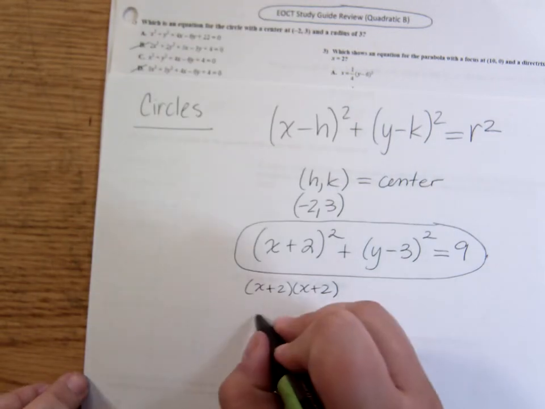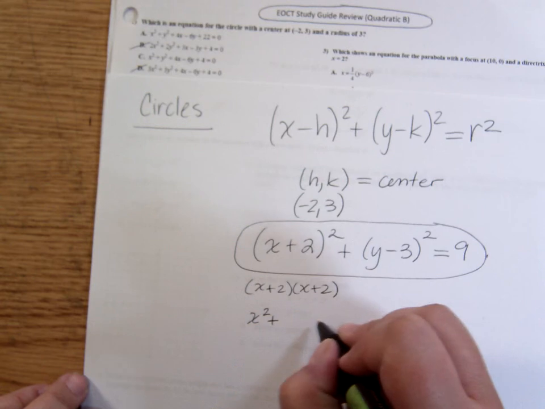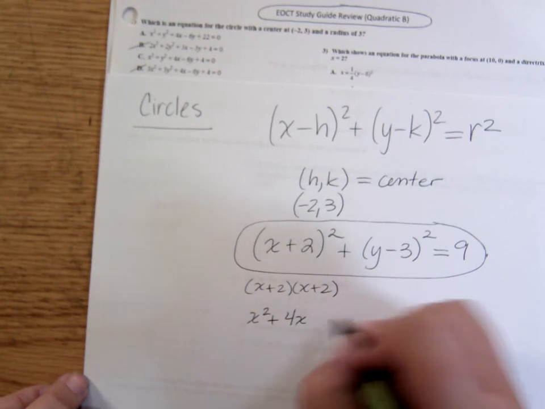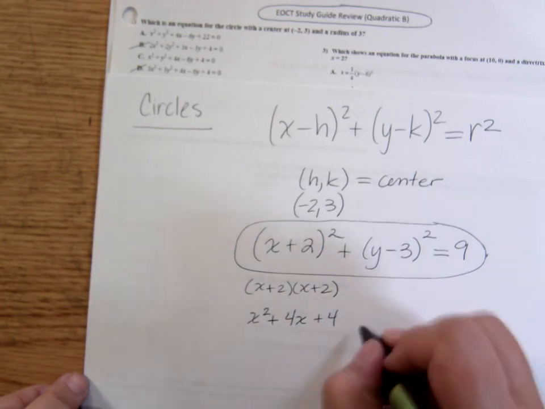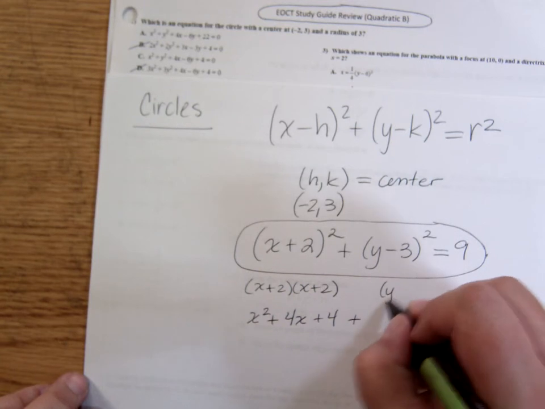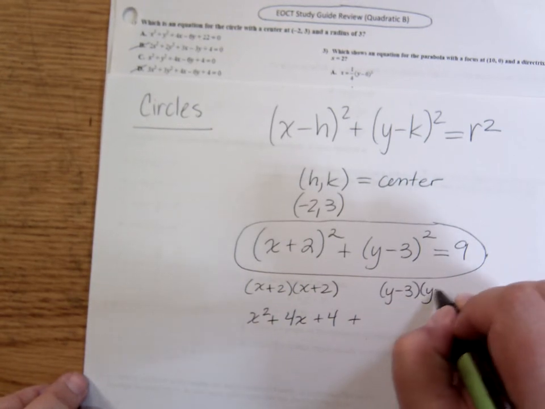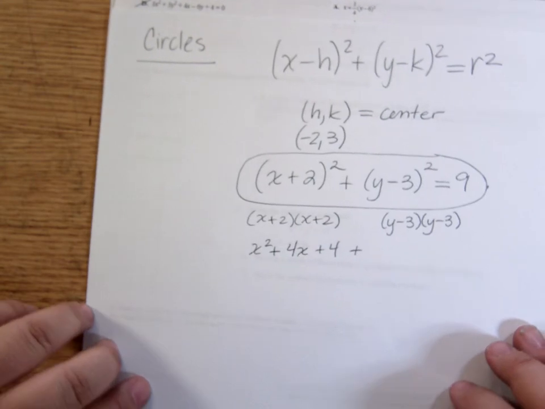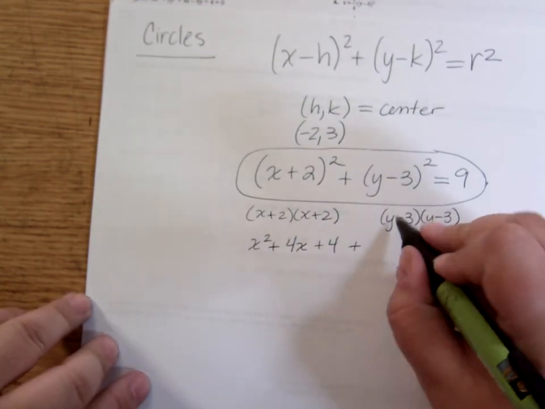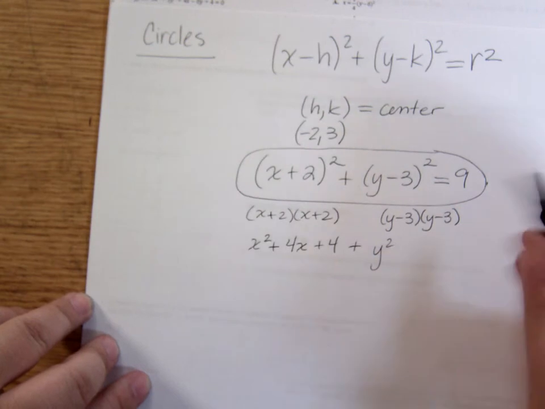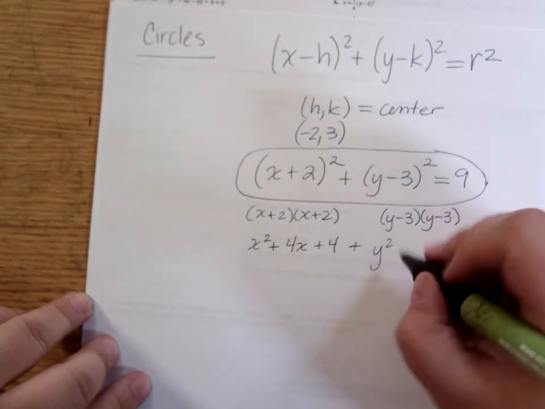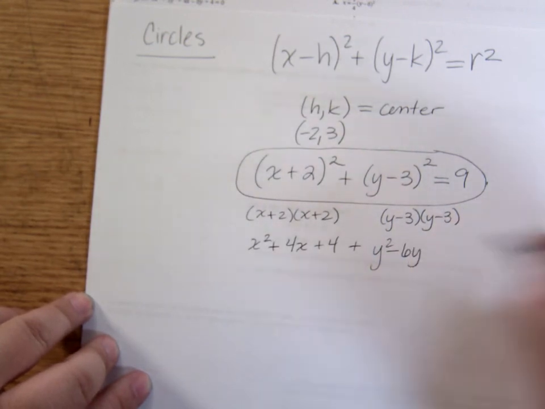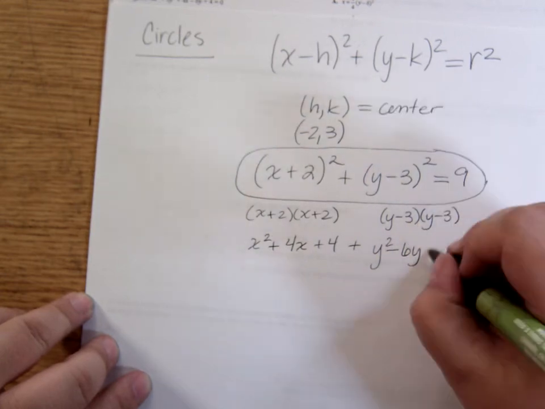Remember to FOIL, so this is x squared plus 2x, plus 2x, so that's 4x plus 4. And then FOIL your y minus 3, y minus 3. If you're going, where did she get that 4x? Please FOIL, like actually do it, work it out, and you will see. Y times y is y squared, minus 3y, minus 3y, that's minus 6y. Negative 3 times negative 3 is plus 9.